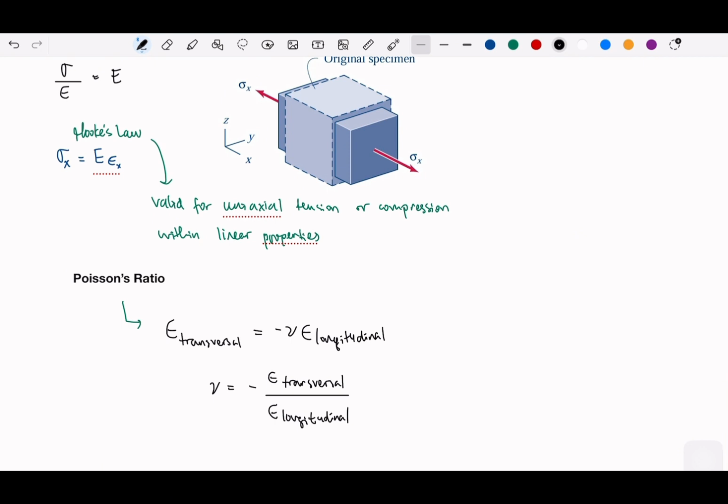But in the z direction, it's going to be smaller. Okay, so that's why in Poisson's ratio we need to multiply by the negative. Okay, because part of the strain will be negative, so we need to multiply by negative to make it positive. Okay.